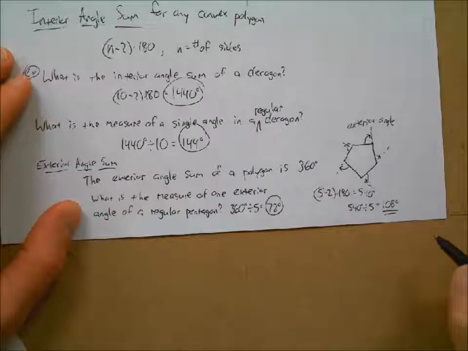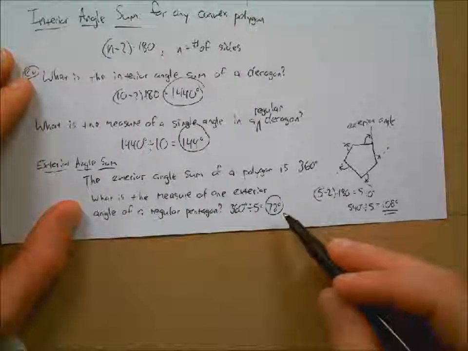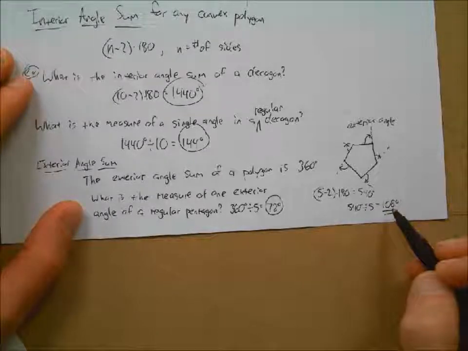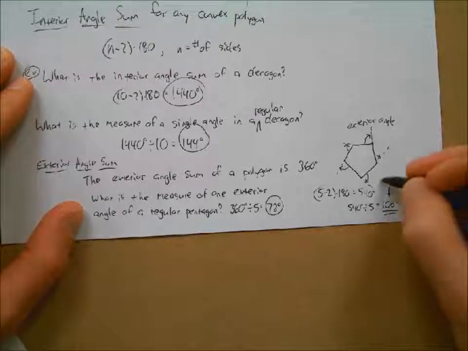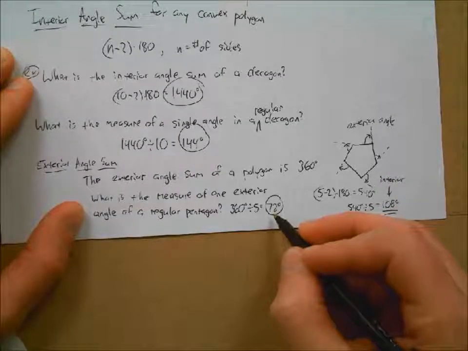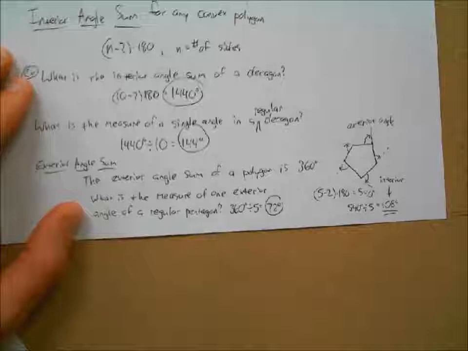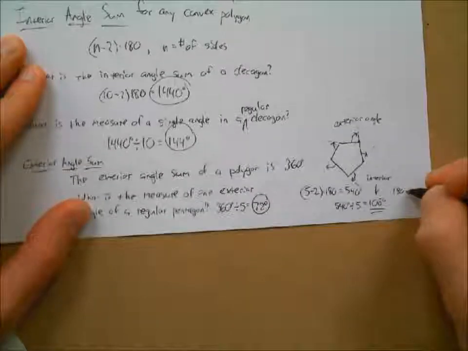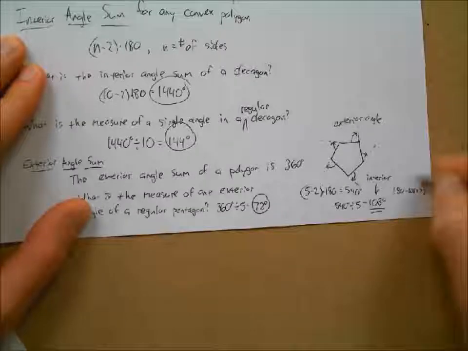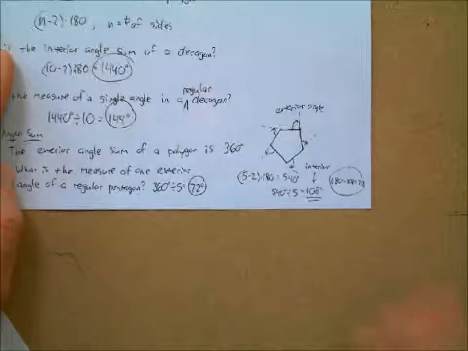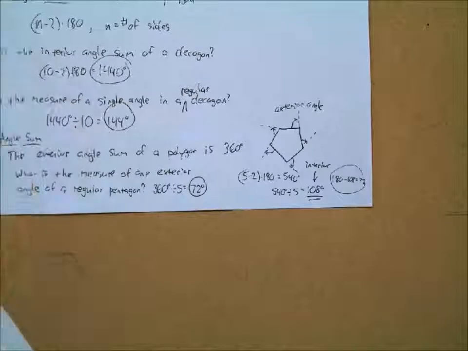And what do we know about interior angles and exterior angles? They will be supplementary. And look at that. 108 is the interior angle measure. And sure enough, 180 minus 108 gives you that 72 exterior angle measure. So another way to do it there too. So a couple options for that one.